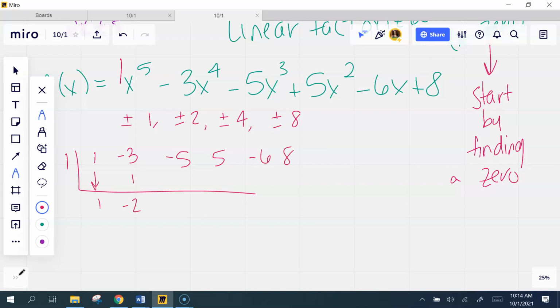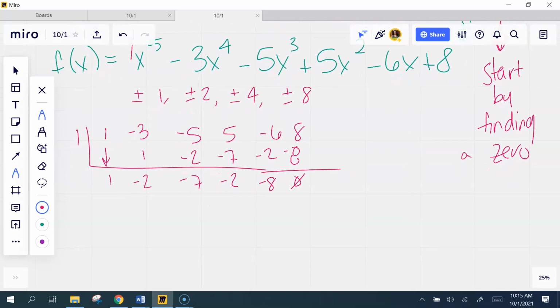1, 1, -2, -7, -2, oh look, that one worked. You'll see why this is different than what we've been doing in just a second.